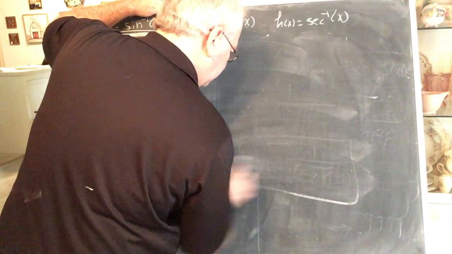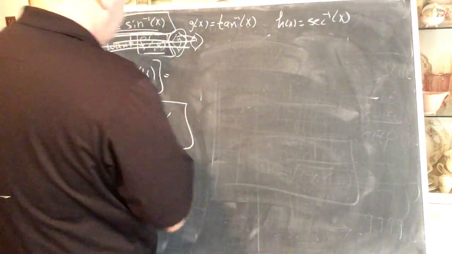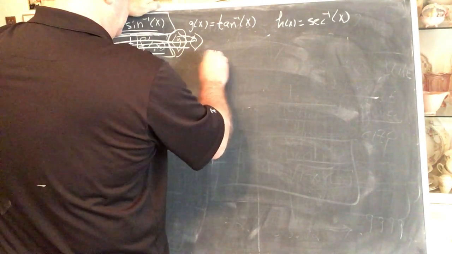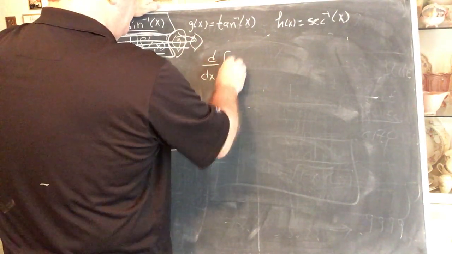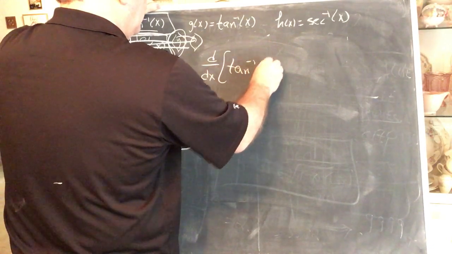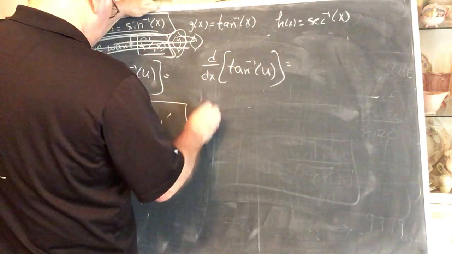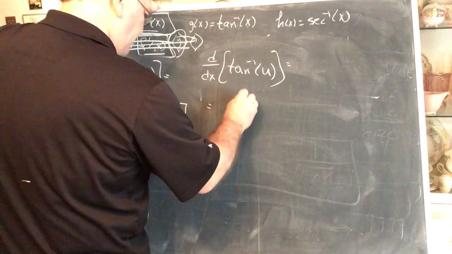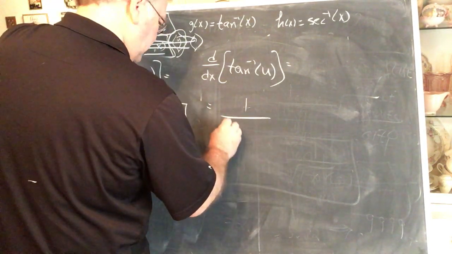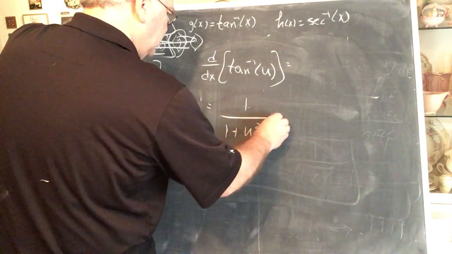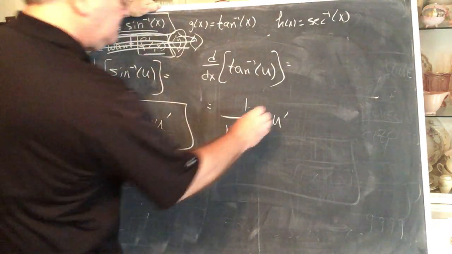Now, without going into the detail, I will simply state that in a similar way, you go through a similar construction, a similar process, and you get that the derivative of tangent inverse is 1 over 1 plus u squared times u prime.